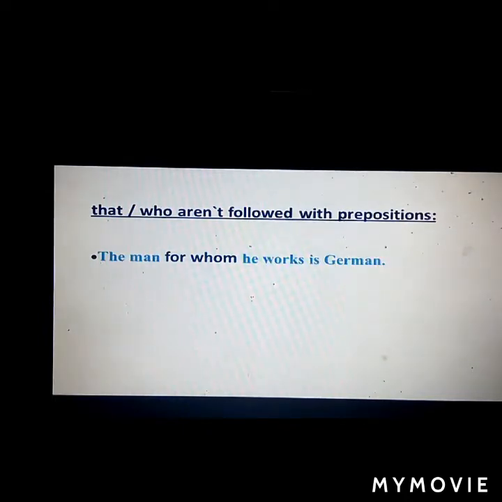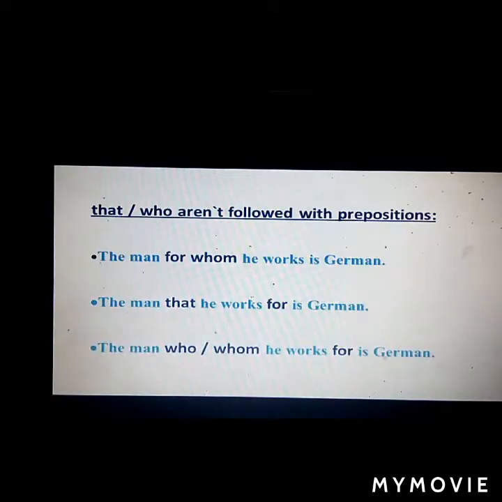The man that he works for is German. طبعا ما ينفعش اقول for that، عشان كده قلنا the man that he works for is German. The man who or whom he works for is German. Okay. Next.